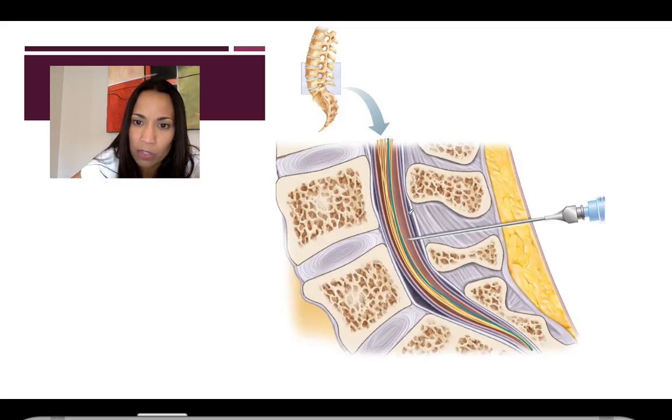After the ligament, this is the epidural space, the duramater, the subdural space, this orangey or pinkish, that's the arachnoid, and then you get right here into the subarachnoid space where the liquid is.